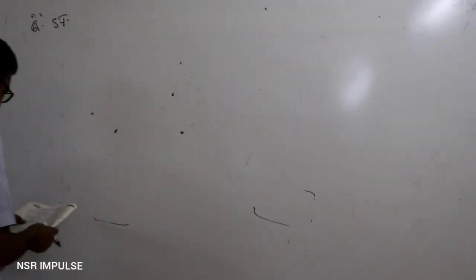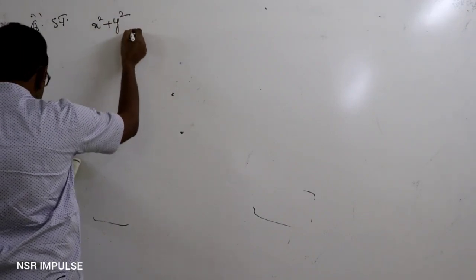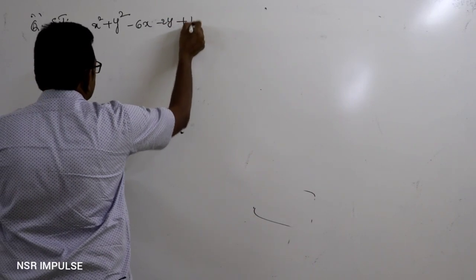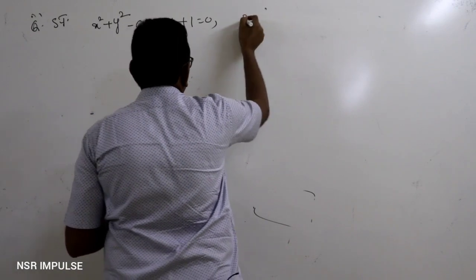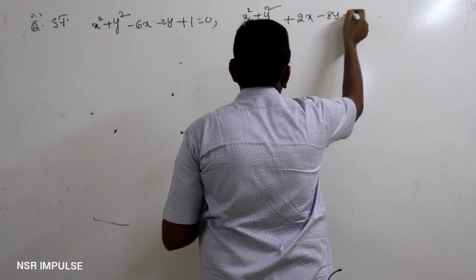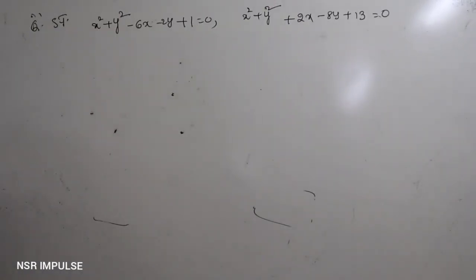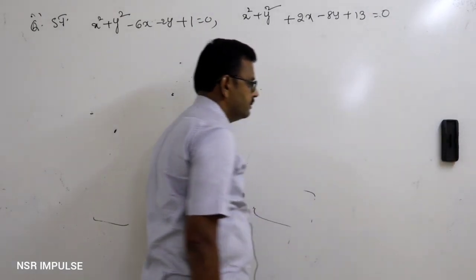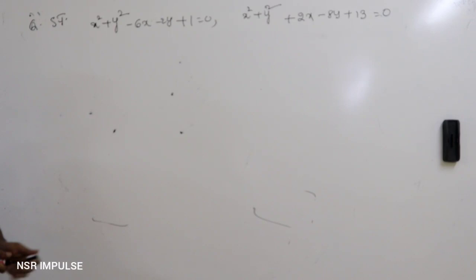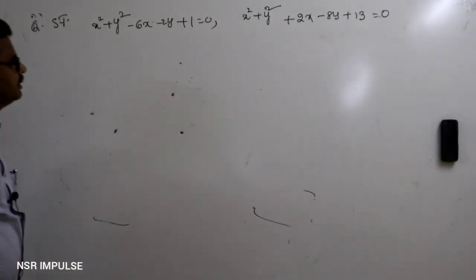Show that the circles x square plus y square minus 6x minus 2y plus 1 equal to 0 and x square plus y square plus 2x minus 8y plus 13 equal to 0 touch each other, and find the point of contact and find the equation of common tangent at their point of contact.